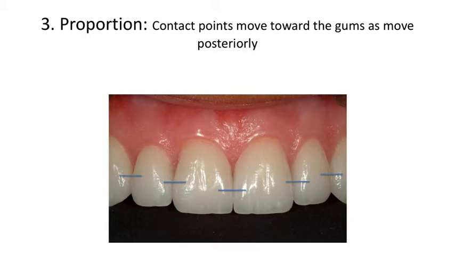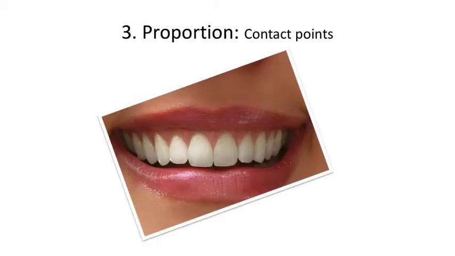The front teeth have a contact point or contact area that is closer to the incisal edge, or the biting edge, of the teeth than the next contact point on either side. The next contact point should actually be a little closer to the gum. And as we go back in the mouth, you see the contact points move closer to the gum as we go farther back in the mouth. And again, here is an example of what this looks like in an ideal setup.